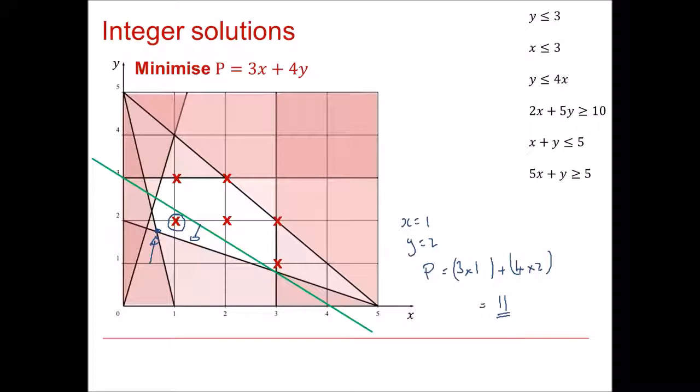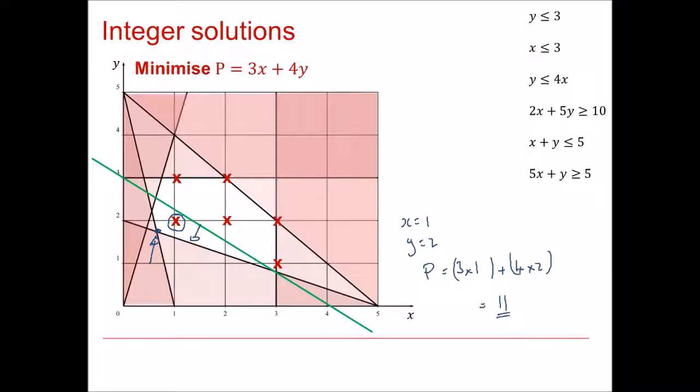Now, in that particular case, the integer solution was quite close to the non-integer one, but that's very much dependent on the gradient of the line for p. This one is quite different from the gradient of the side of the feasible region. However, you do have to be careful.